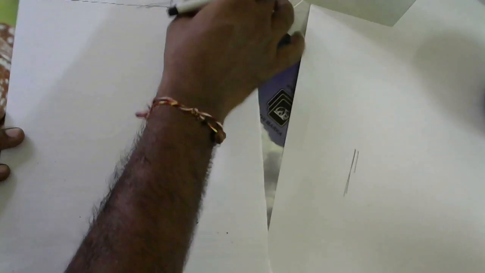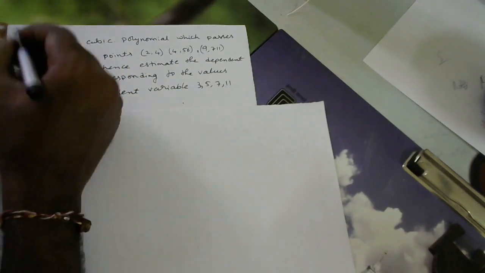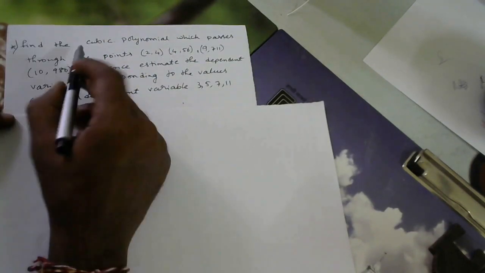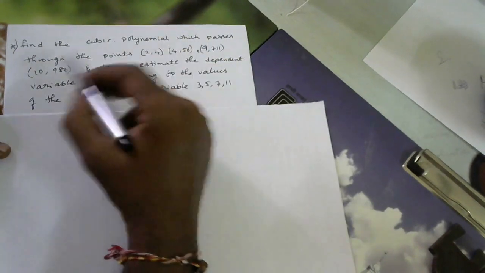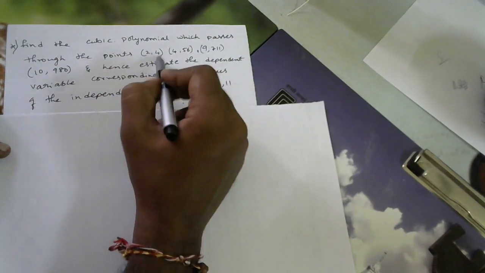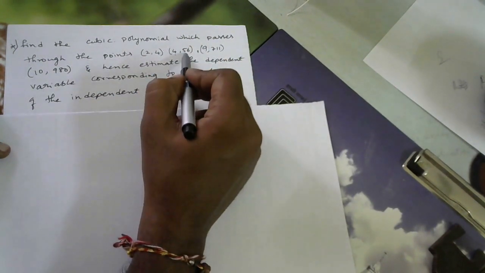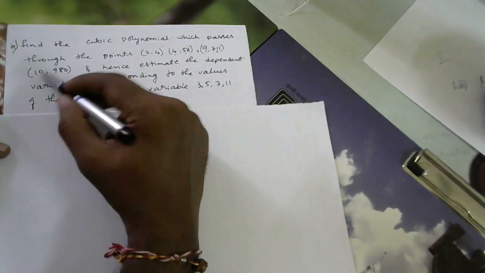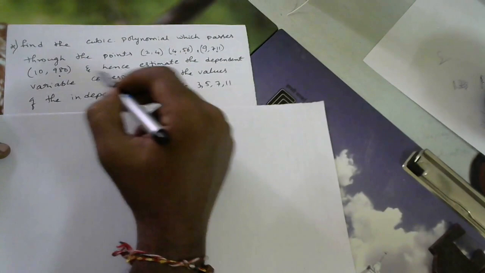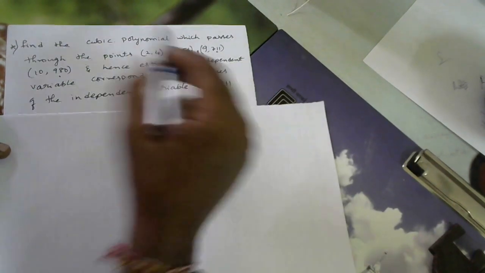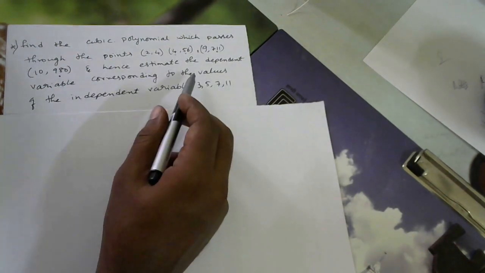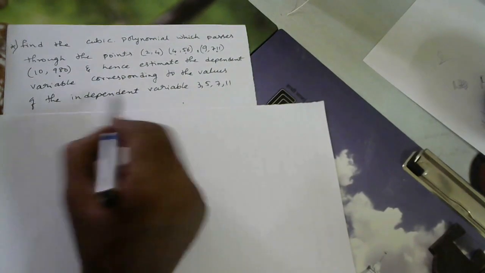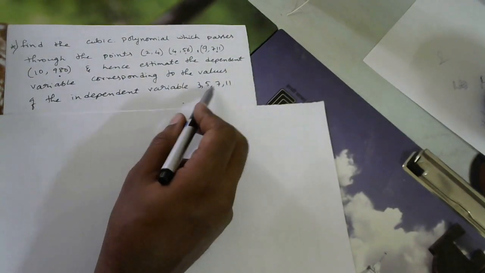Okay, so next problem. Find the cubic polynomial which passes through the points 2, 4; 4, 56; 9, 711; 10, 980, and hence estimate the dependent variable corresponding to the values of the independent variable 3, 5, 7, 11.